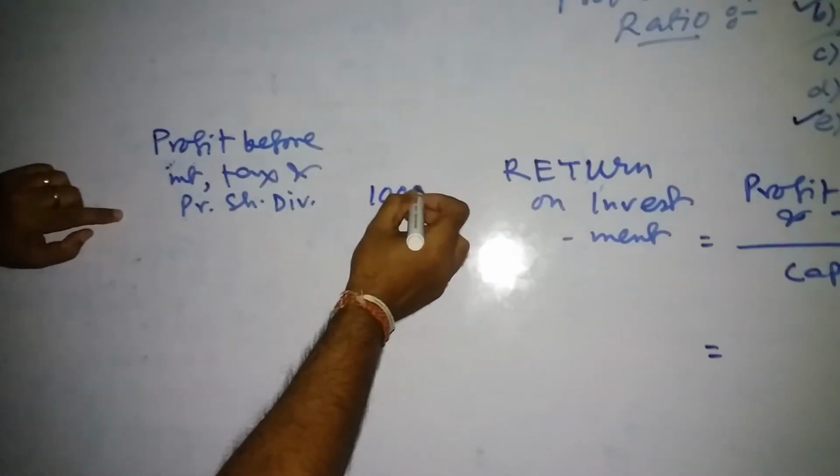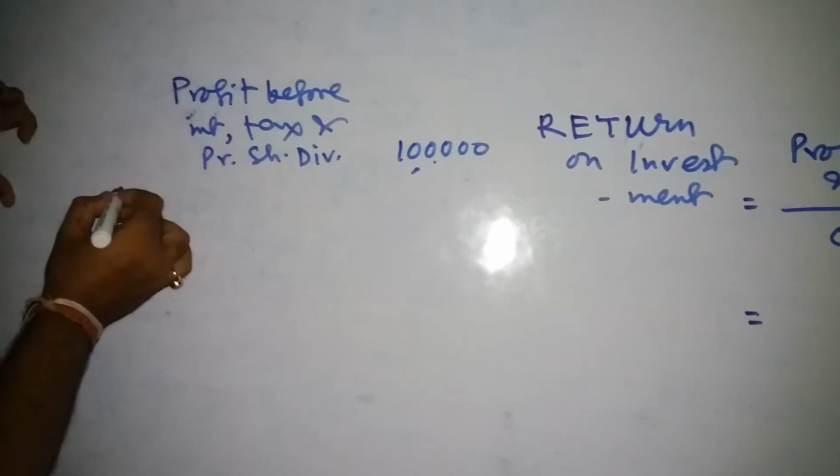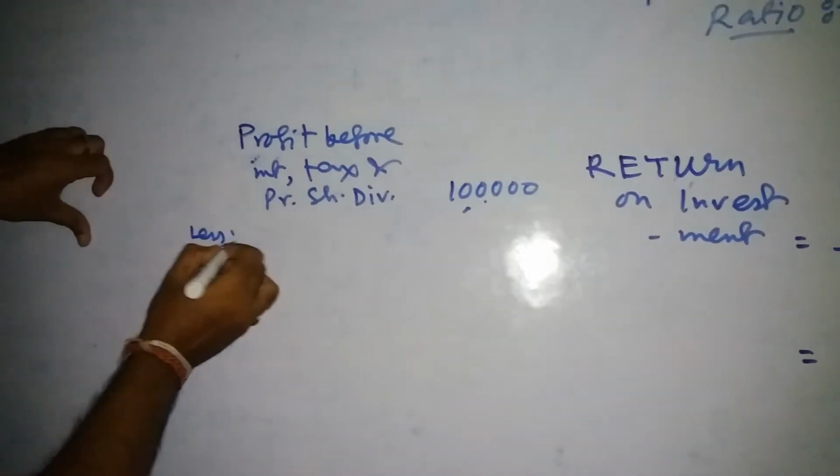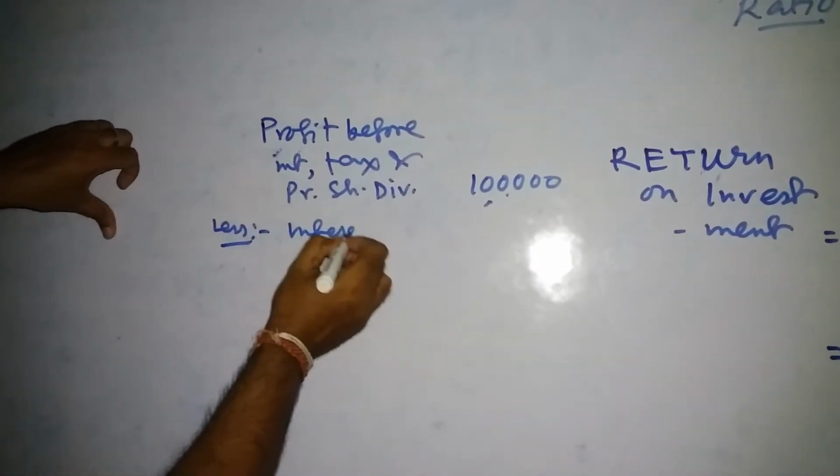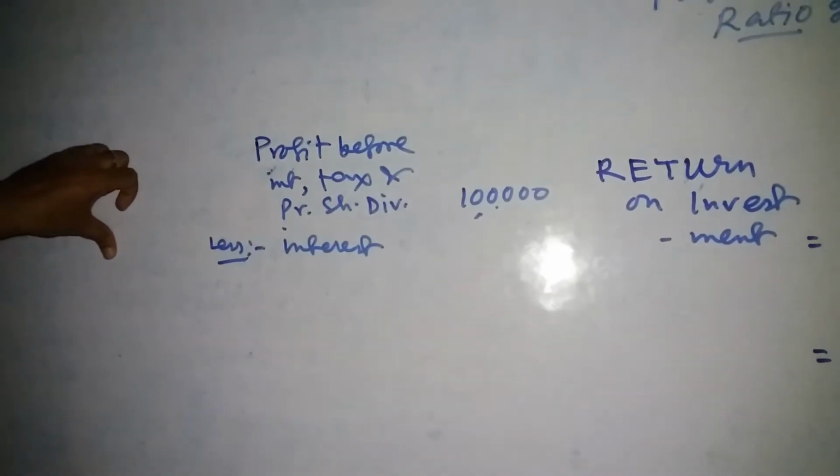Company's profit before interest, tax and preference share dividend, suppose 2 lakh. The company has to pay first the interest to the debenture holders.